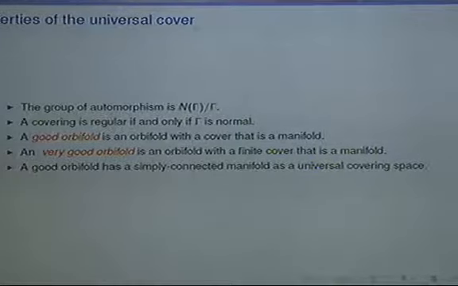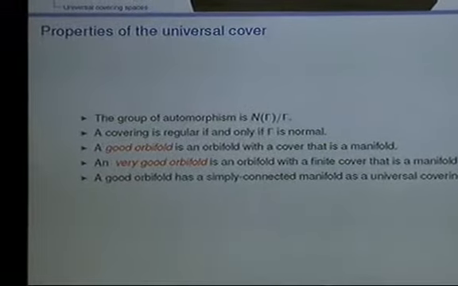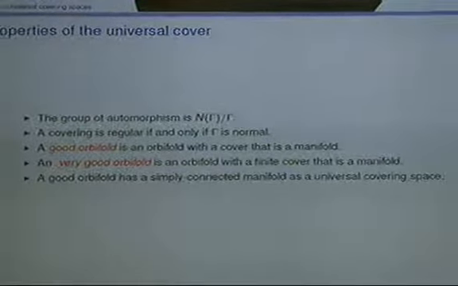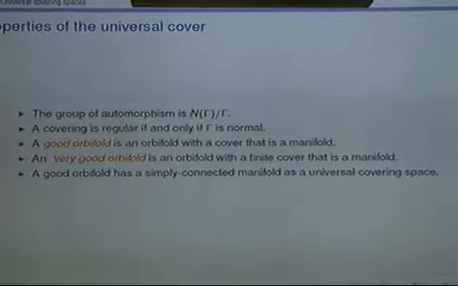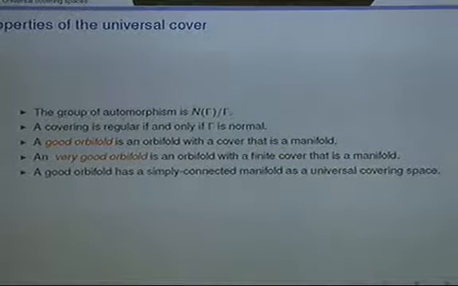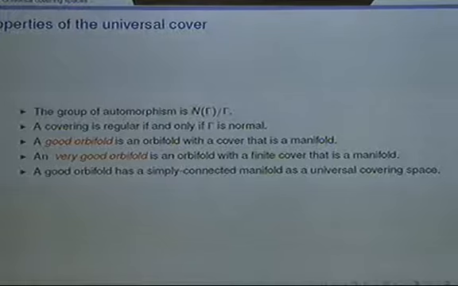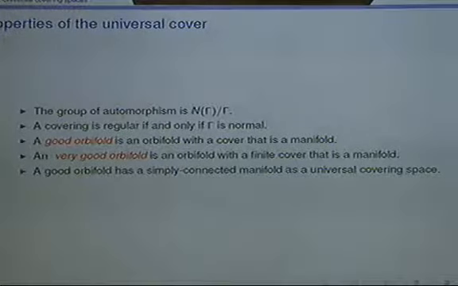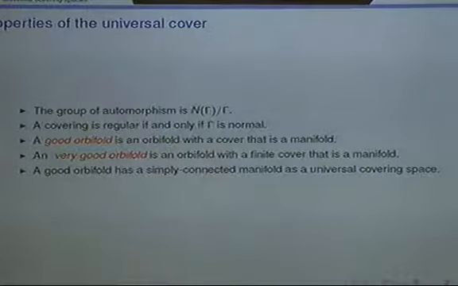Once you have a manifold cover, the universal cover has to cover it, so the universal cover has to be the manifold. So it's going to be developable. A very good orbifold is an orbifold with a finite cover that's a manifold, so you just have some finite action. And a good orbifold has a simply connected manifold as its universal cover. We'll be mostly concerned with good orbifolds.